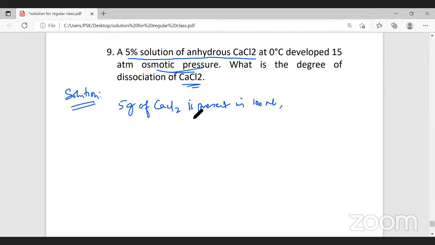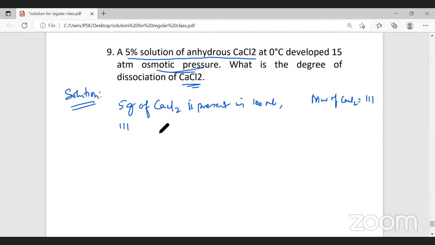The molecular weight of calcium chloride is 111; calcium is 40, chlorine is 35.5. So 5 grams is present in 100 ml. That means 111 grams will be present in what volume, in liters?